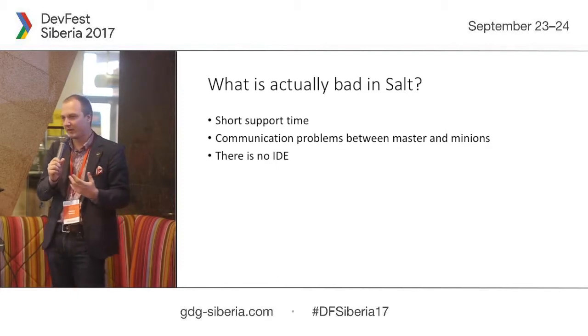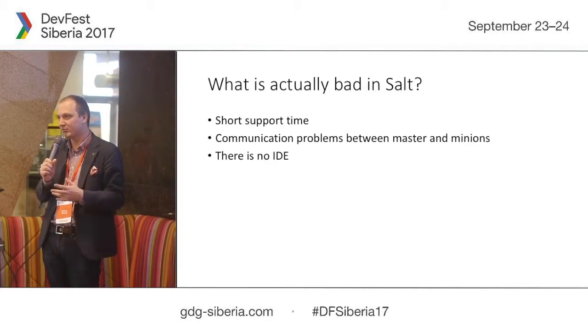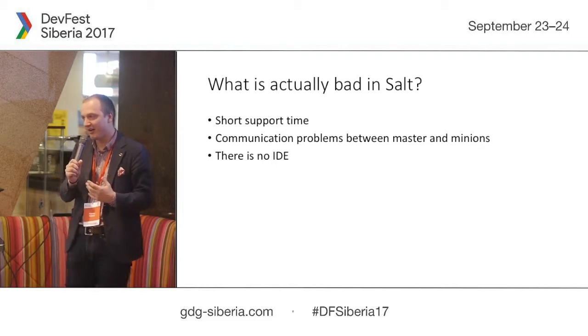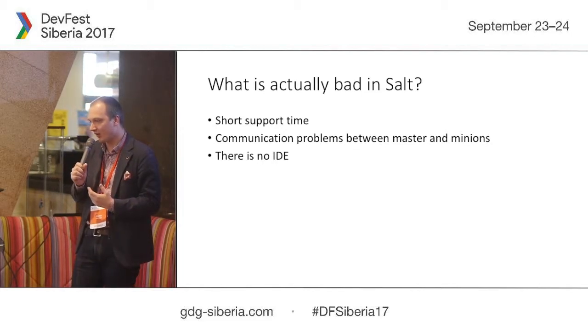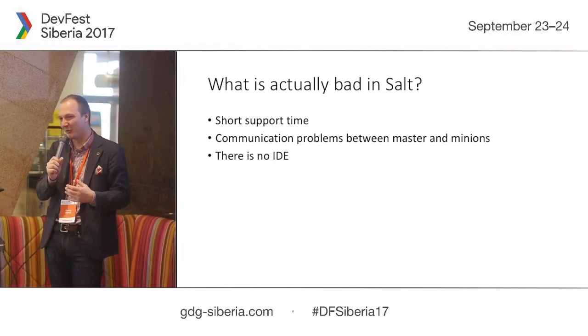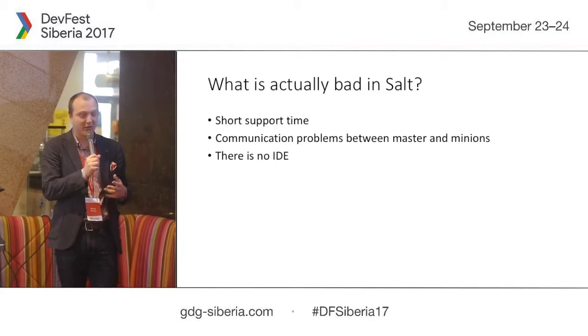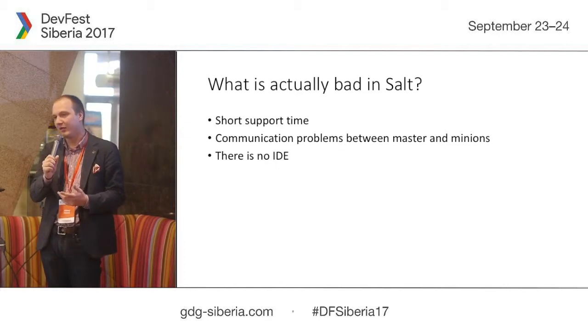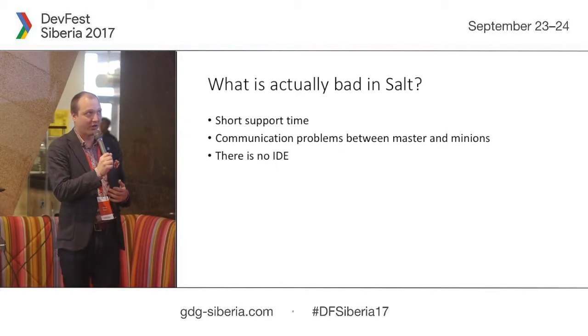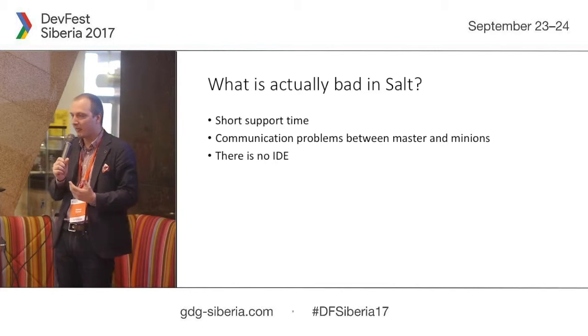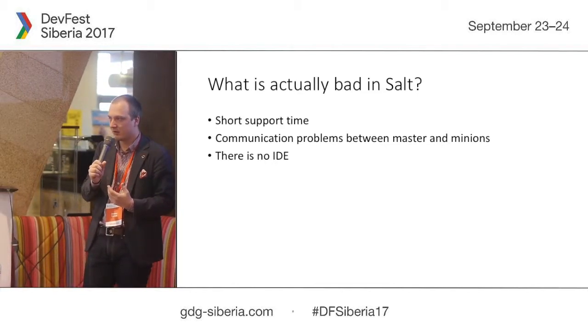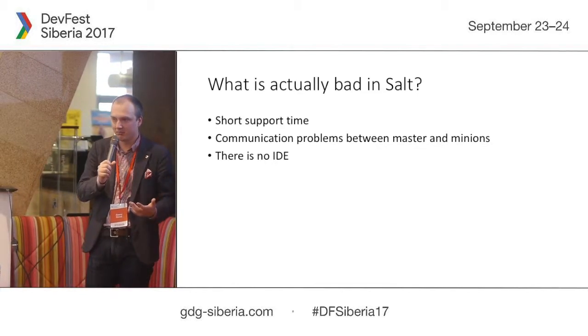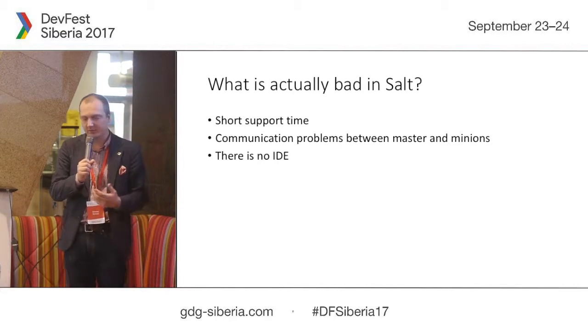So I think that is, well, not fair, because if you are a real bloody enterprise, you most probably have some old Linux distributions in your infrastructure, and it is very important to provide support for them.